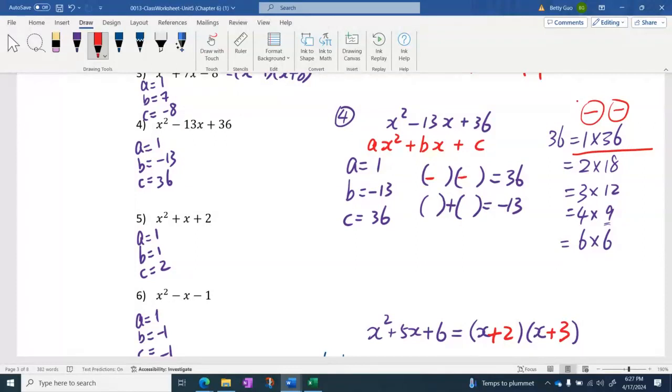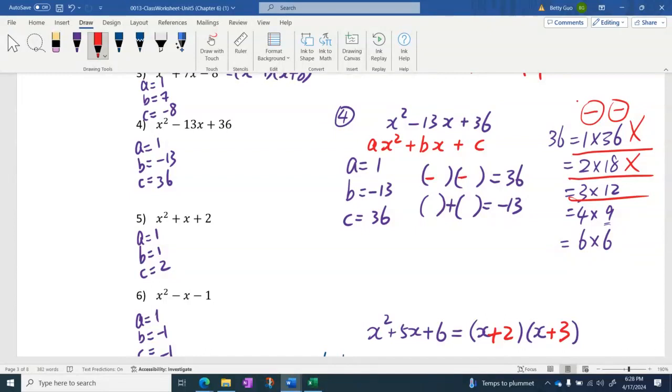Would -1 and -36 satisfy both conditions? They multiply to 36, but they do not add up to -13, right? -1 and -36 add up to -37, too much. We try -2 and -18. They add up to -20, doesn't work. We want -13. We try -3 and -12.